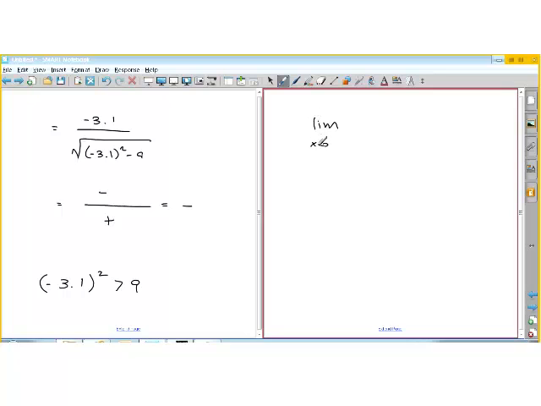You can say that the limit as x approaches negative 3 from the negative side of x divided by the square root of x squared minus 9 does not exist, which is true, but in these cases we actually say it's approaching negative infinity, so it gives us an idea of whether it's going up or going down.